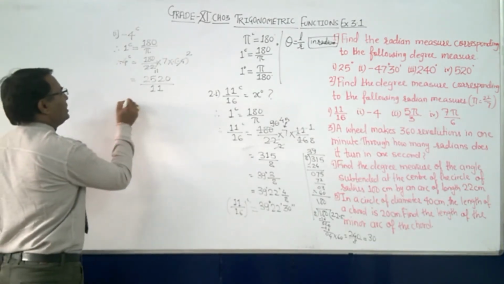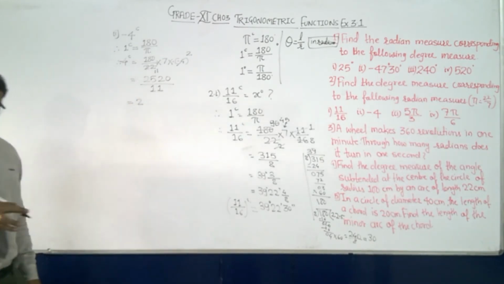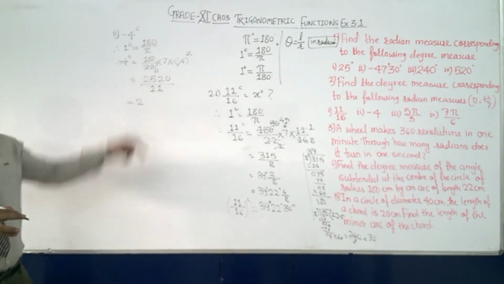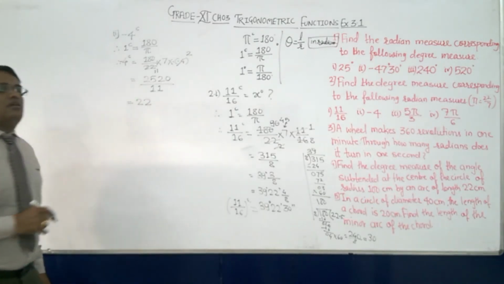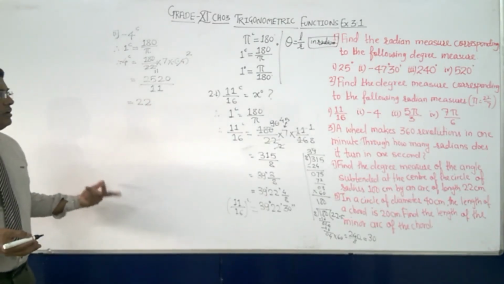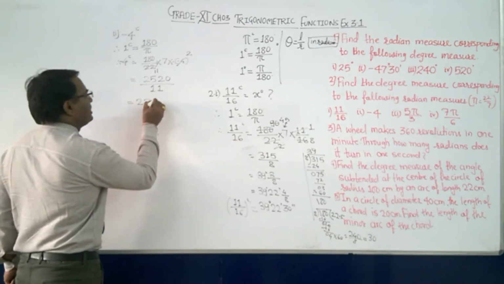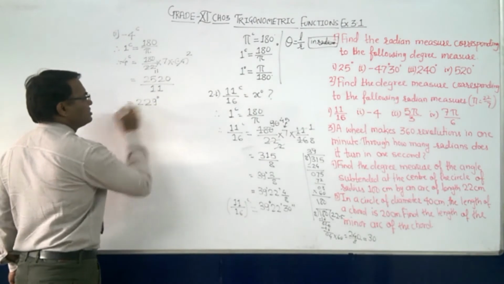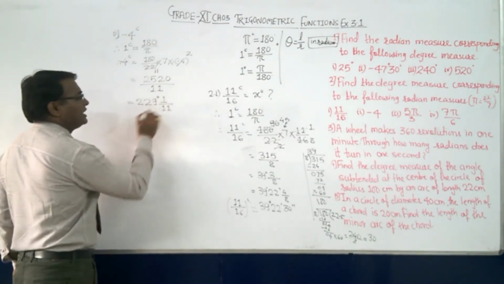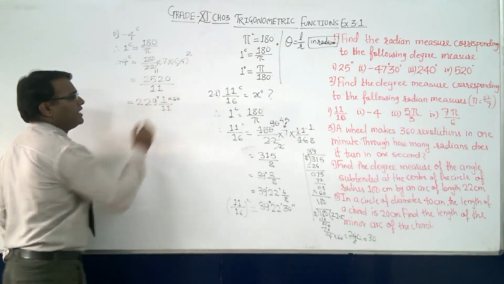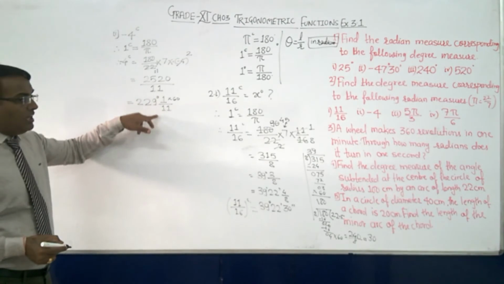So what you will be getting: 11 twos are 22, and then 10 will be remaining, then 100, and then 9 elevens. Okay, so these many are degrees, and then 1 upon 11. Again this will be multiplied by 60. Now it is 1 upon 11 degrees.